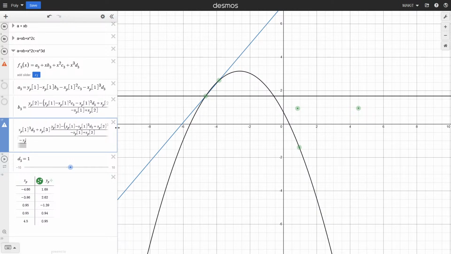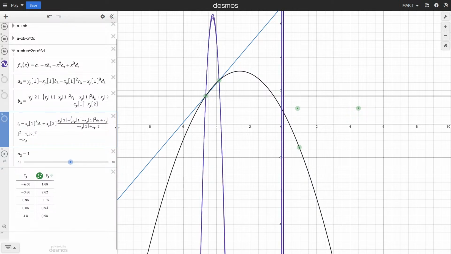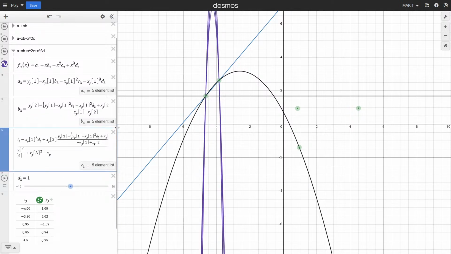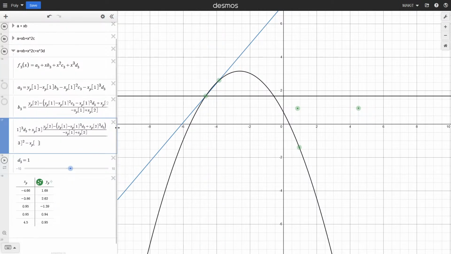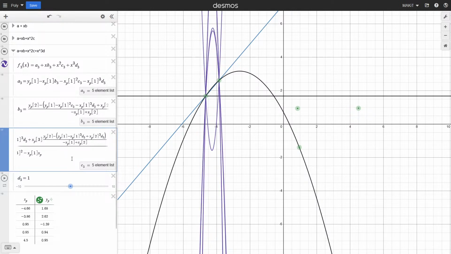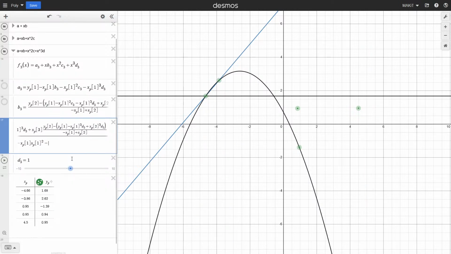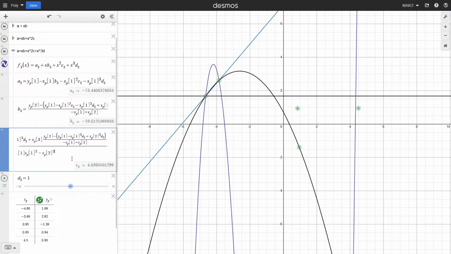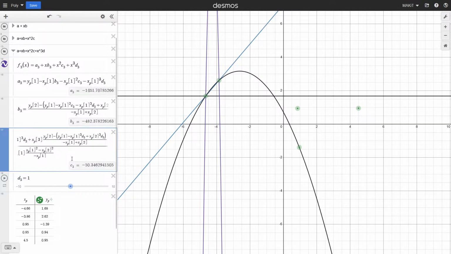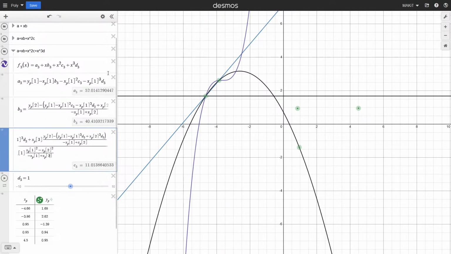I'm guessing minus x2 squared divided by negative x1 plus x2 plus x3 squared minus x1 times x, oh come on, x1 squared minus x2 squared, both of them divided by negative x1 plus x2.